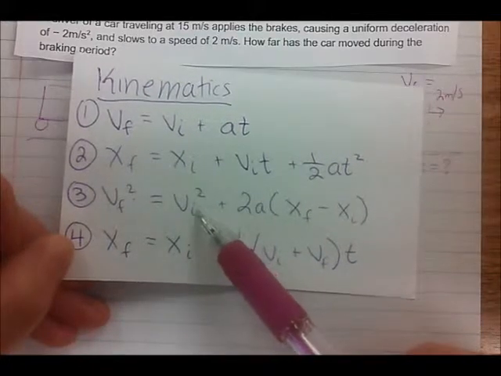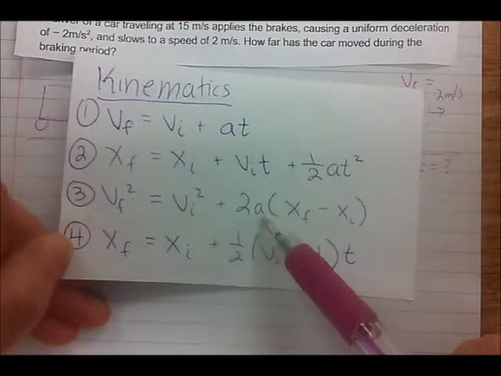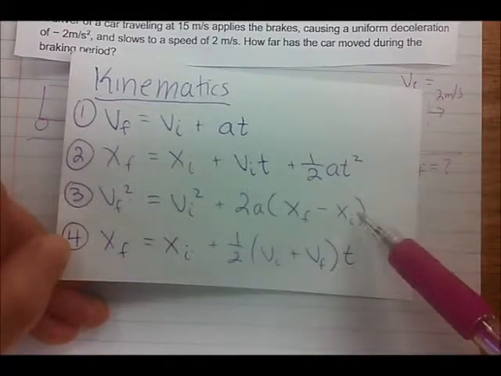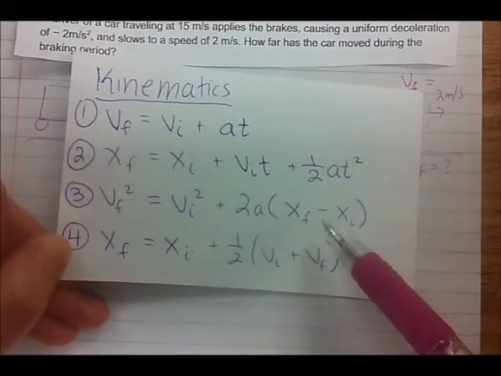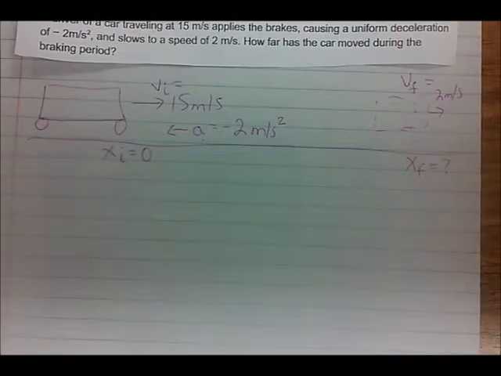We have our initial speed, it's that 15. We have our acceleration. We're looking for XF, our final position, and we have our initial position. So in this equation, we only have one variable to solve for, so it looks like this is the equation we want to use. So let's write that down.